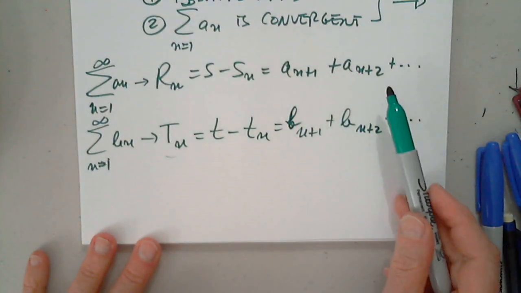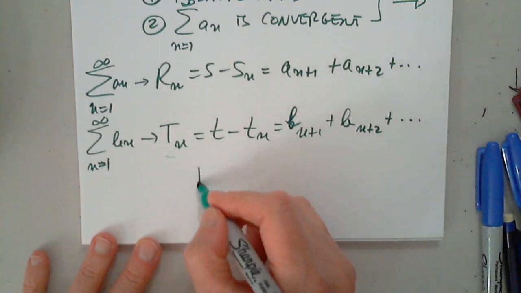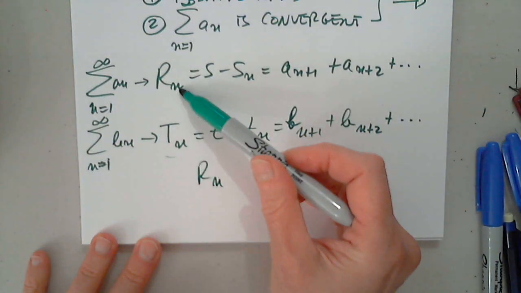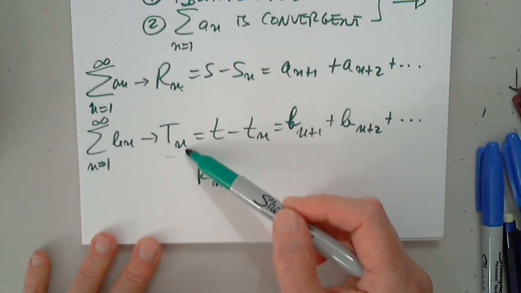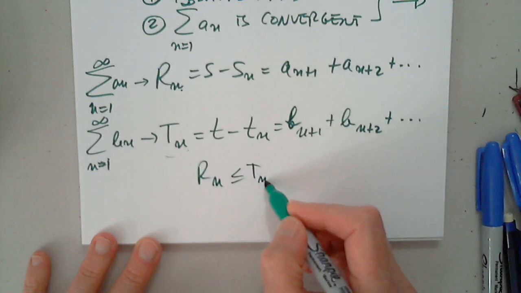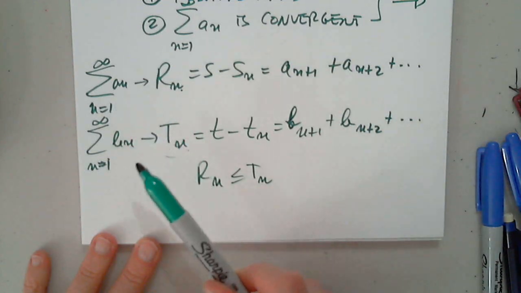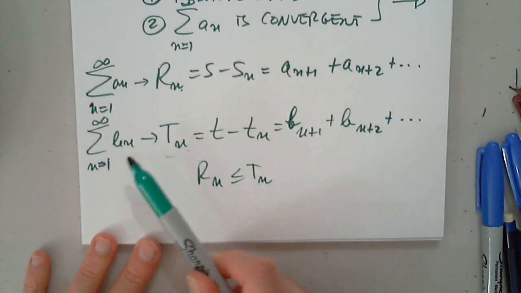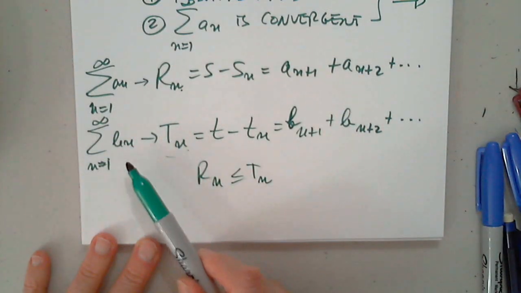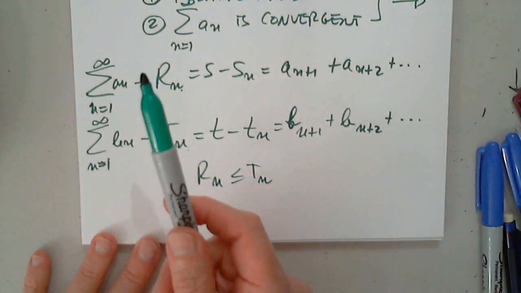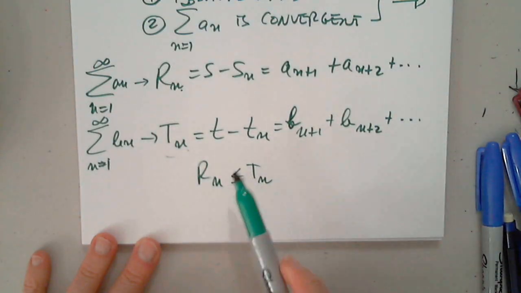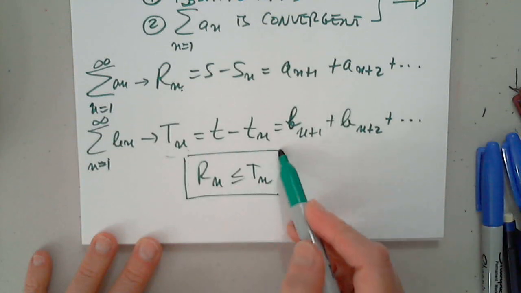And in this situation, by comparison, this will always be less than this. So the remainder for a sub n, the first series, and the one we compare to, or use the limit for, to apply the limit comparison test, this will always be true.